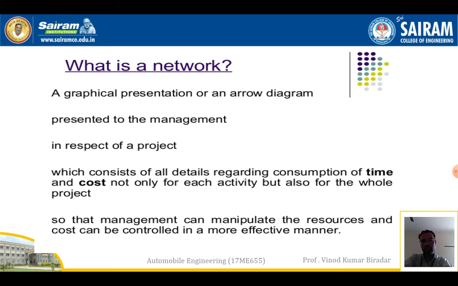That is about network sequence, so that the management can manipulate resources and cost can be controlled in a more effective manner. If we know before starting any work what the cost and the time required to complete the job are, it is very easy to control in a more effective manner than without any controlling action.